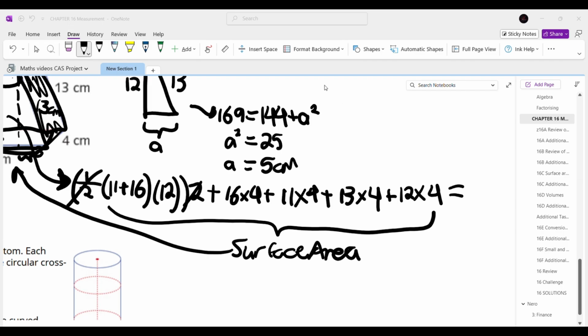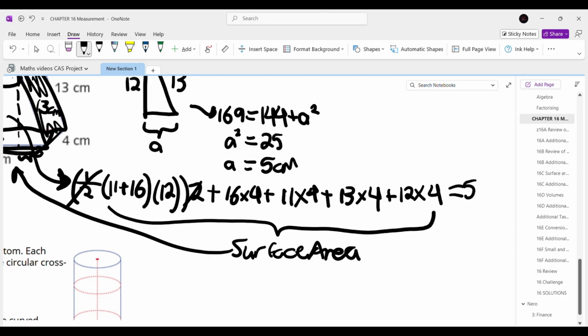So what we'll do is we've got 11 plus 16, which gives 27. 27 by 12, plus 16 times 4, plus 11 times 4, plus 13 times 4, plus 12 times 4.